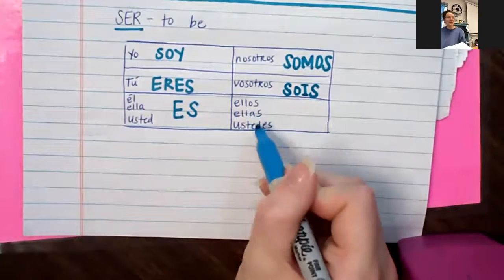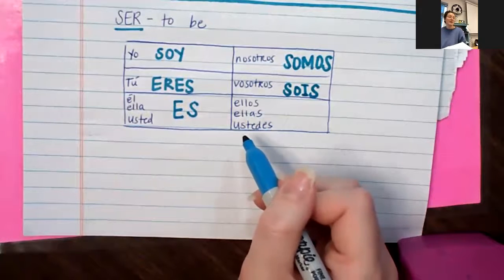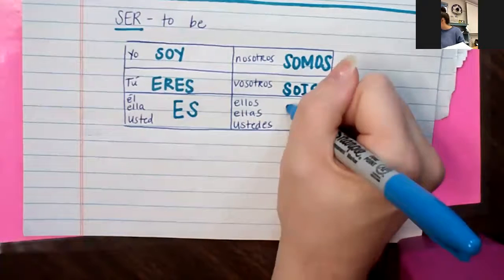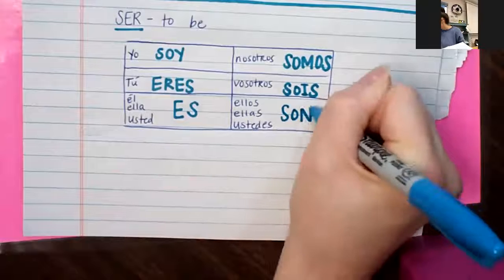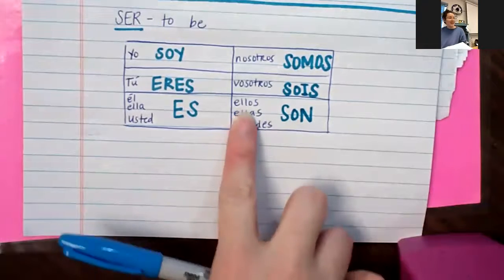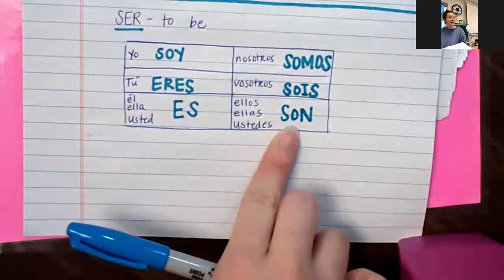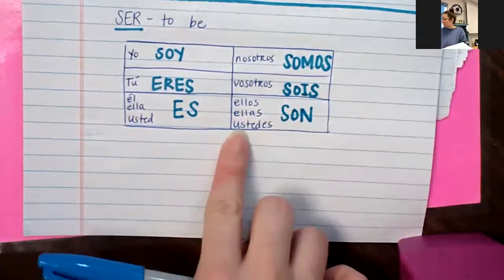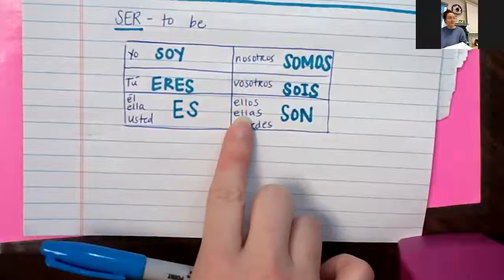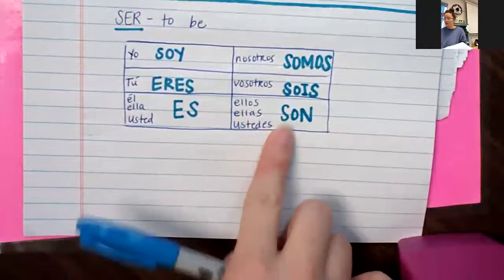And then all three of these options will share a form of ser. So this will be son. So this will be they are and y'all are. So it just depends on which option you pick. So it could be they are, could be y'all are.